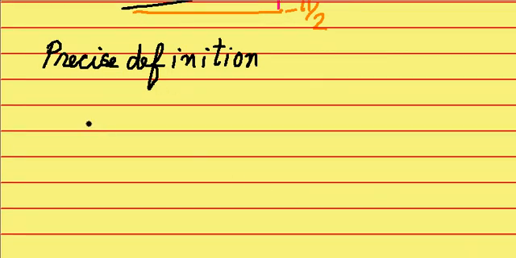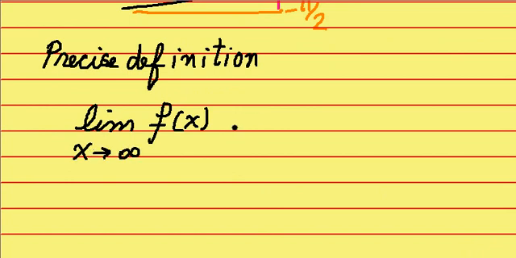So what does it mean to say the limit of a function as x approaches infinity is equal to some number L? First of all, if that happens, then the right horizontal asymptote of the function would be y equals L. If this happens, then you say the right horizontal asymptote of the function is y equals L. But what does this itself mean?